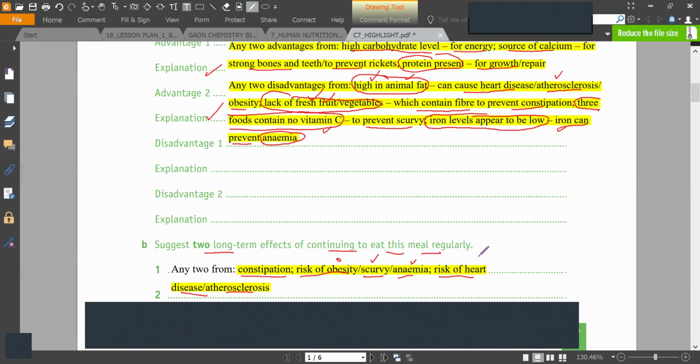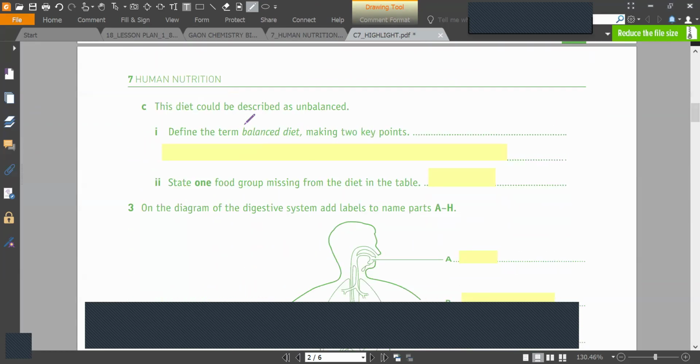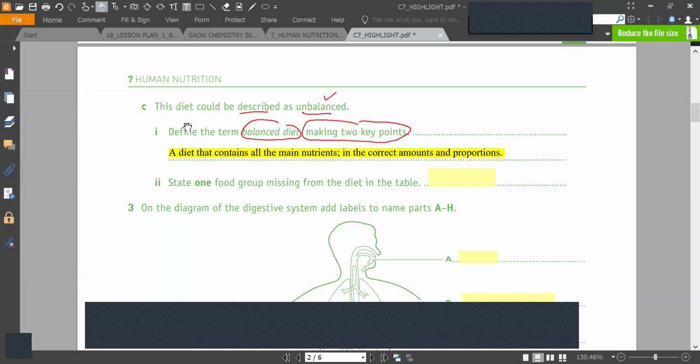Okay, so we can make some conclusion from our discussion here. Next, this diet could be described as unbalanced. What it means by balanced diet, making two key points. Unbalanced means we are lacking something, or the amount is too much.